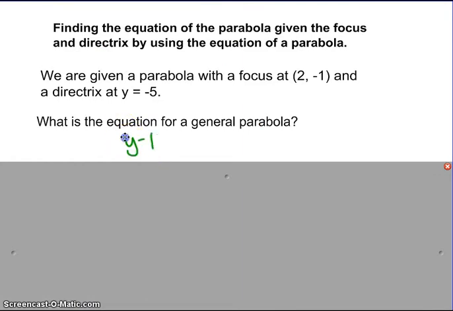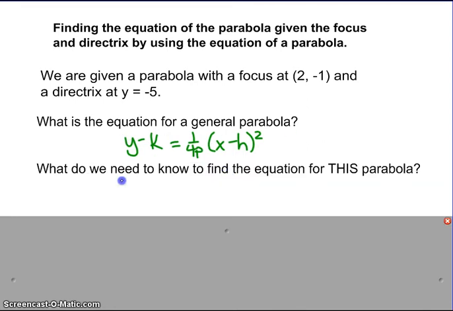The equation that we're going to use is y minus k equals 1/(4p) times (x minus h) squared. The reason we're doing that is because this is a vertical parabola, and if you go back to the previous slide, this is the equation for vertical parabolas. So what do we need? We need a vertex, which is (h, k), and we need the value of p.